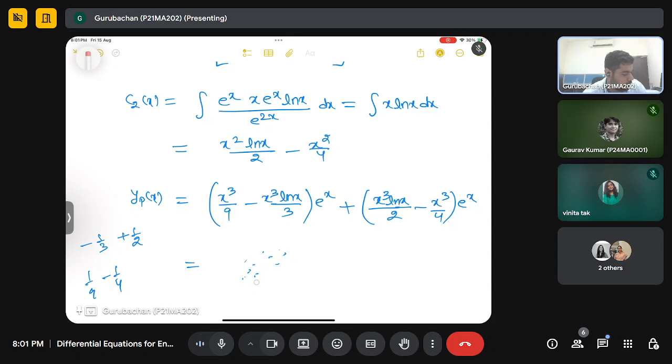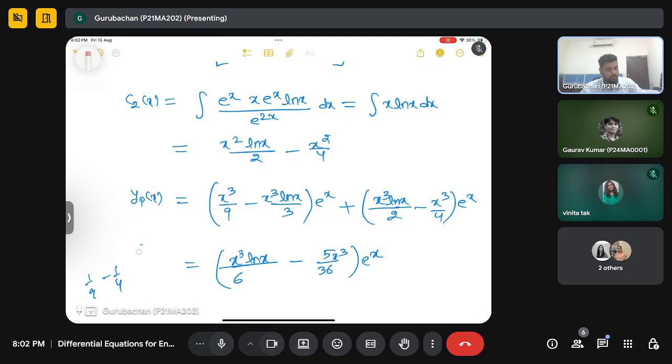So for simplicity we can write 1 by 6 x cube ln x minus 5 by 36 x cube, times e to the power x. This will be your particular solution.